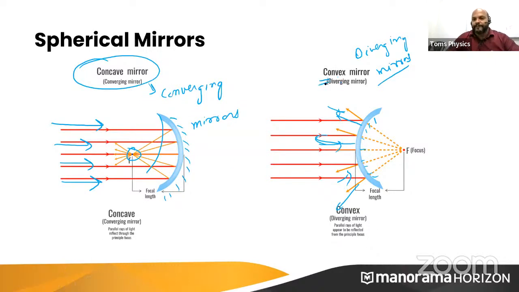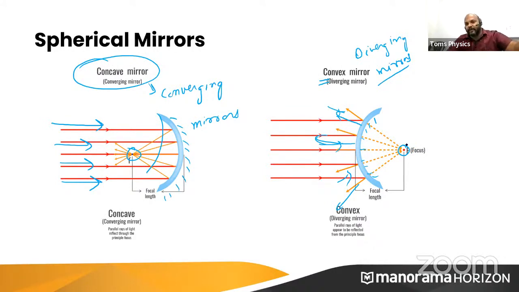Are these rays meeting again after they hit the mirror? Will they meet again in real space for the convex mirror? No, right? They appear to meet at some imaginary location behind the mirror. They are seemingly coming from some fictitious place behind your convex mirror.